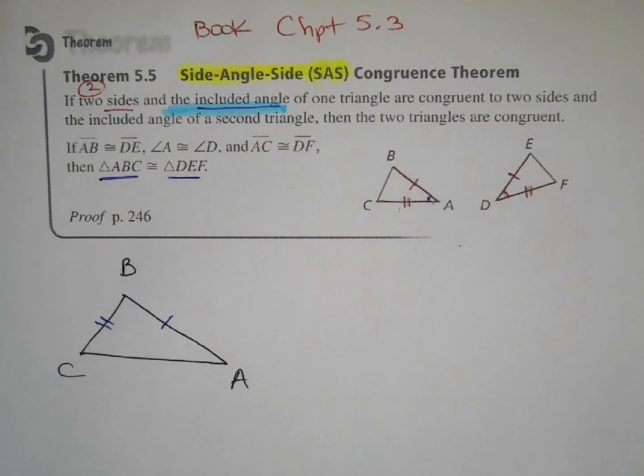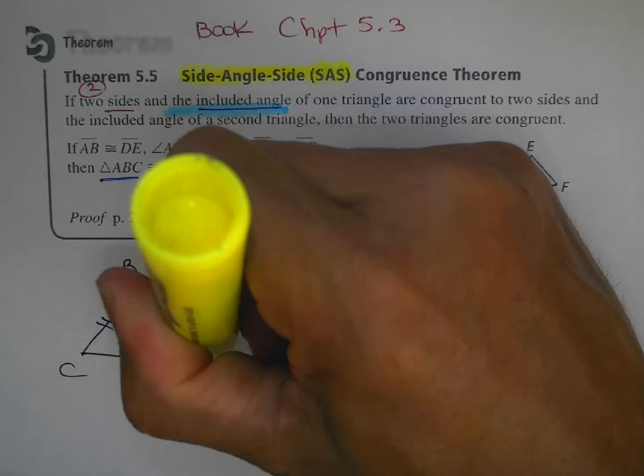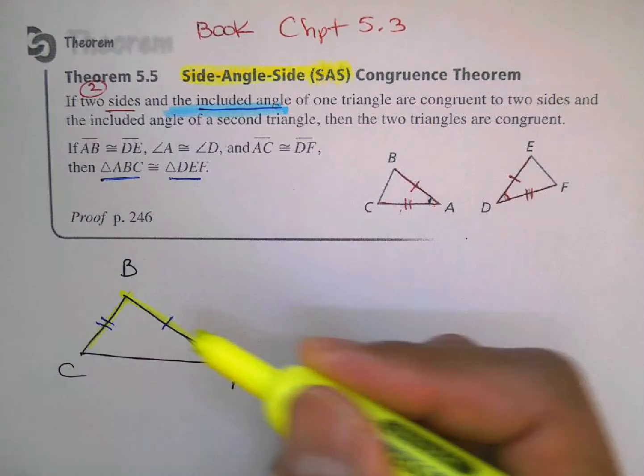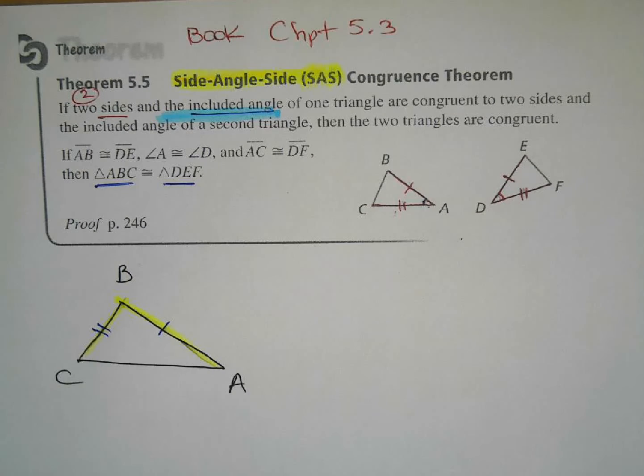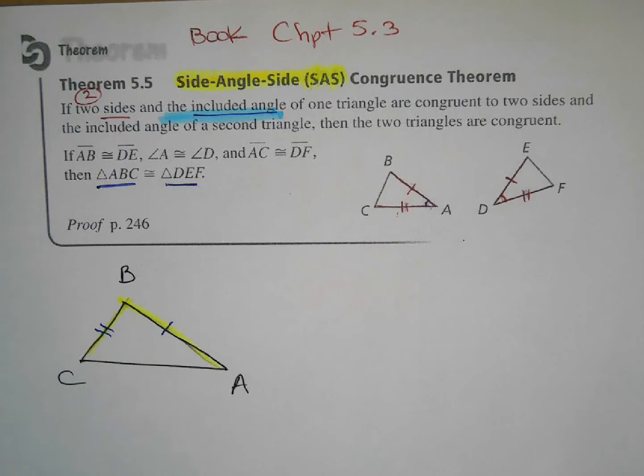But if these were the two sides in question, which one would have to be the angle so that it's side angle side? Like I said, if you highlight or color it, you'll see which one it is. If it's this side with this side, which has to be the angle? Is it angle A, angle C, or angle B?